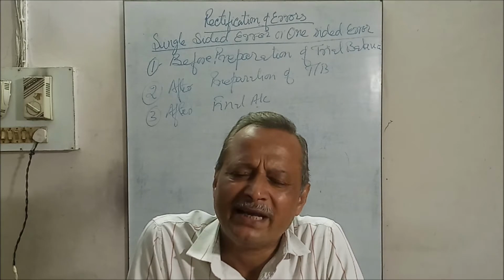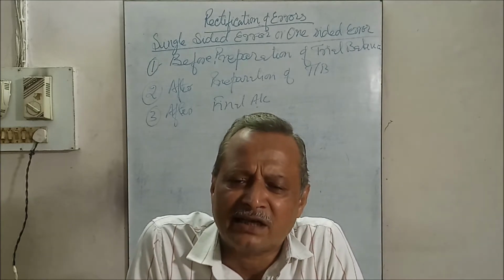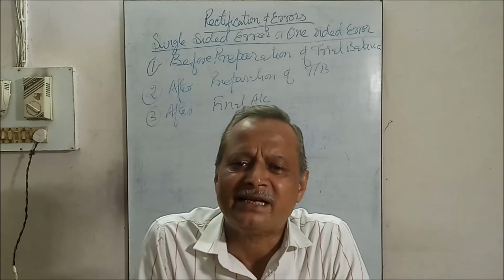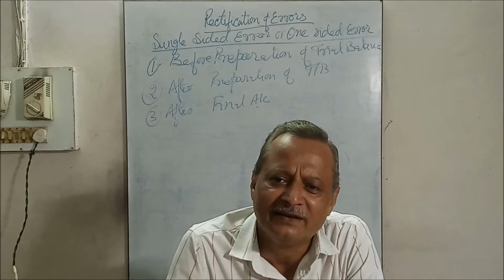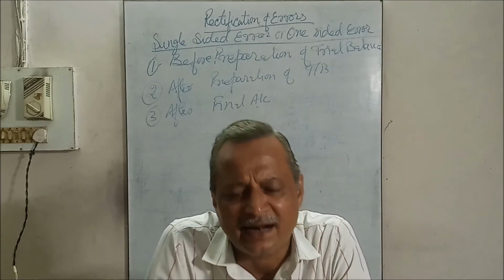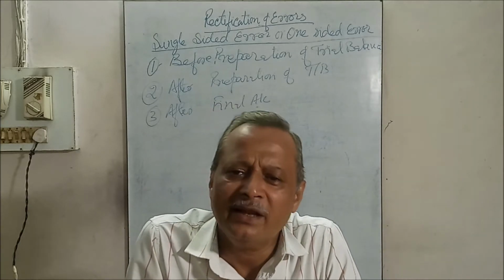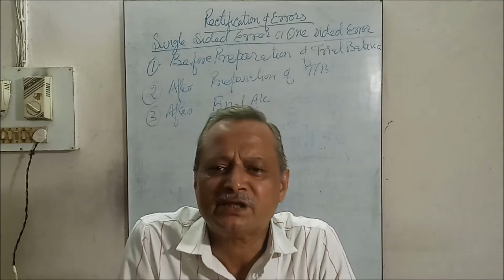The suspense account is an artificial and imaginary account created to tally the trial balance till the detection of that single-sided error. As and when these errors are detected, they are eliminated and the suspense account is written off.